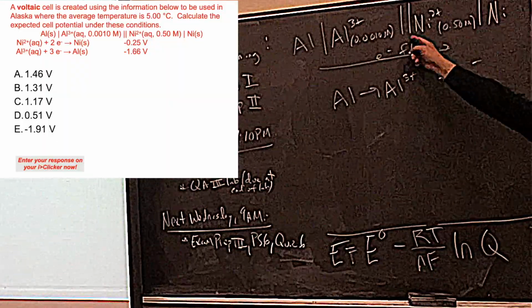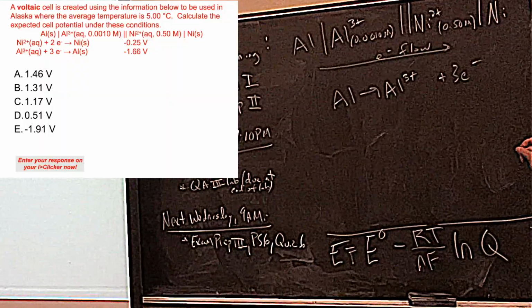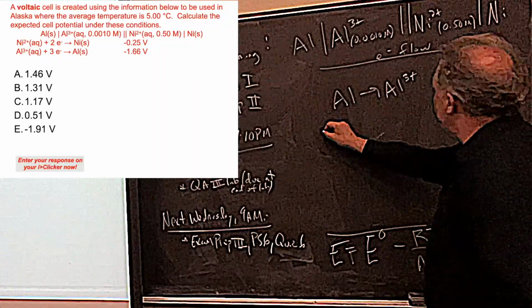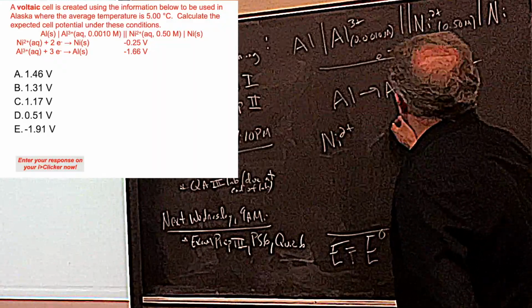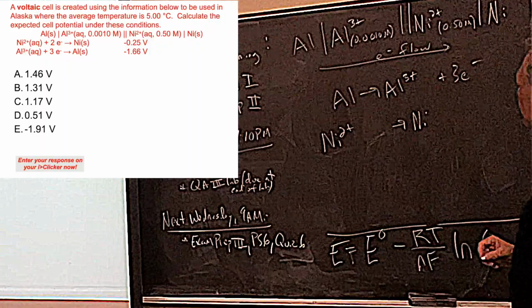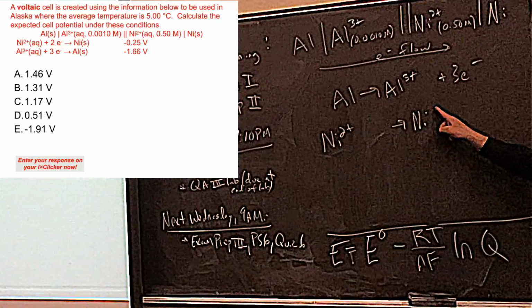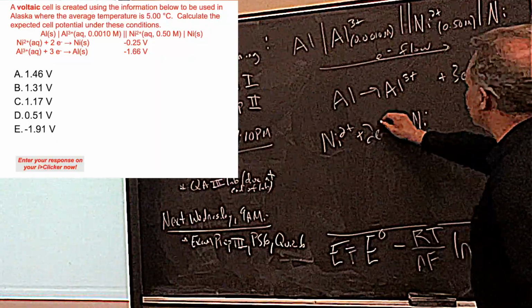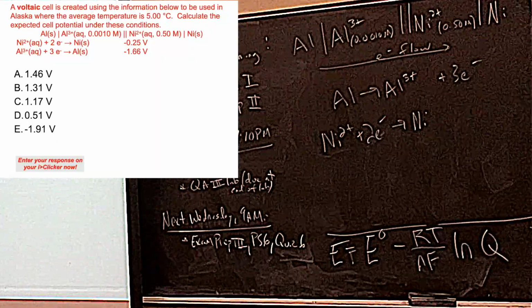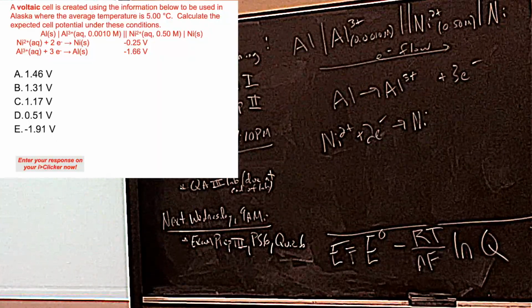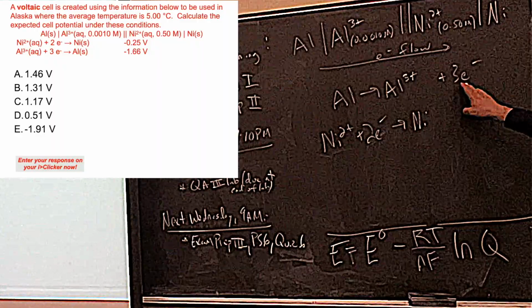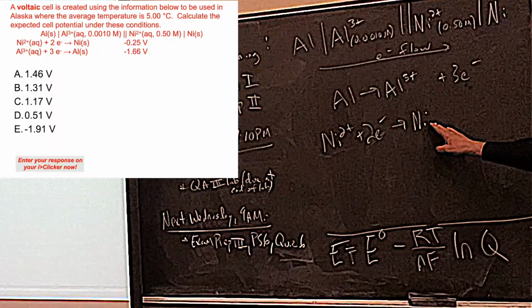This is the phase boundary between the two cells. And on the other side, you have nickel 2+, and it's going to nickel. And if you realize this is positive 2, this doesn't have a charge, you're going to have to add 2 electrons to that side to make that balanced. So the aluminum is being oxidized and the nickel is being reduced.